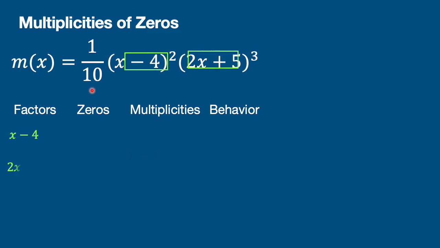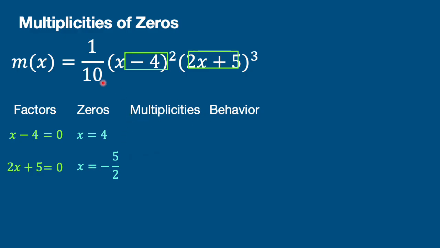Another one, 2x plus 5. How can we find the zeros? X minus 4 equals 0, so x equals 4. 2x plus 5 equals 0: 5 is moved to the left side, subtract 5 from both sides, divide by 2. X equals negative 5 over 2.